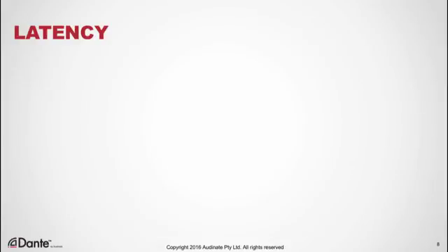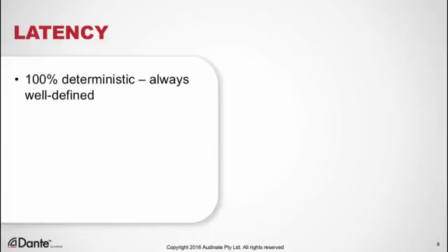We defined latency earlier as the time required for a system to deliver audio from an input to an output. In Dante, latency is strictly defined and consistent. Default device latency is 1 millisecond, far below the threshold of noticeability for live performances or studio overdubs.